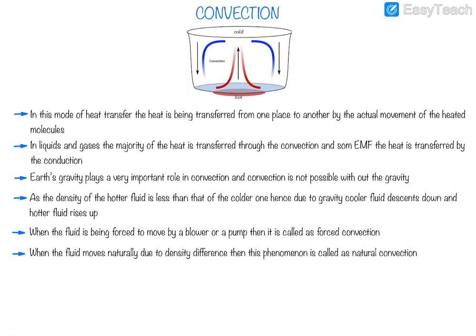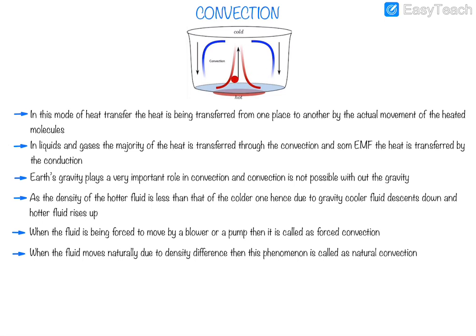So these hotter molecules move up and these colder molecules move down due to the density difference. We all know that hotter water has a lower density as compared to colder water. So the colder water will move down and the hotter water will move up due to the density difference.